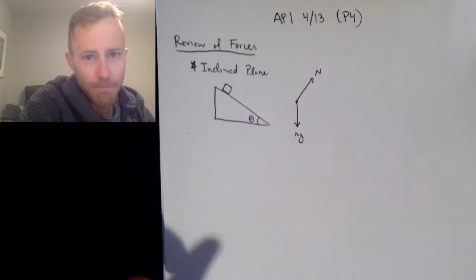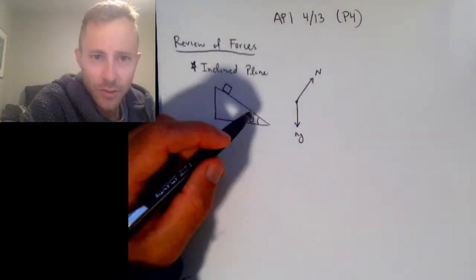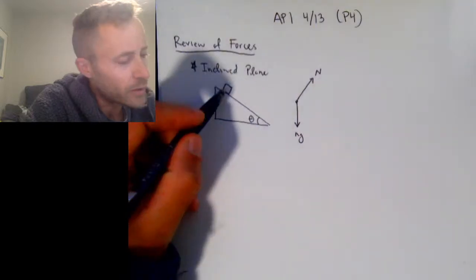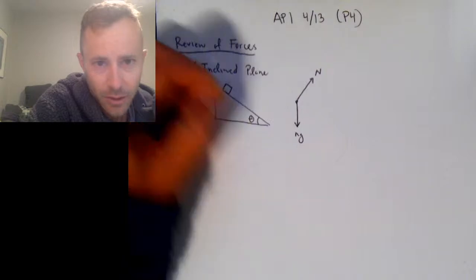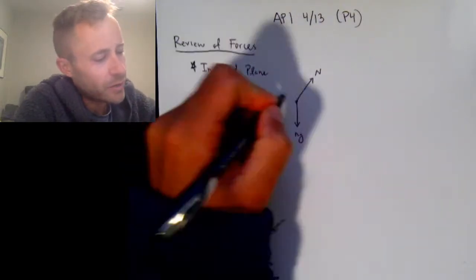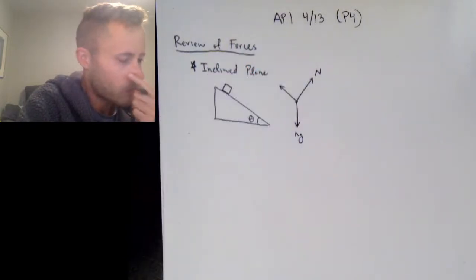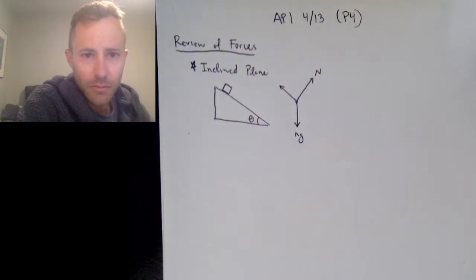Okay? And then, depending on which way this block is sliding, we're going to assume that it is sliding down the incline, in which case friction points tangent to the incline, and in the direction opposite the motion.